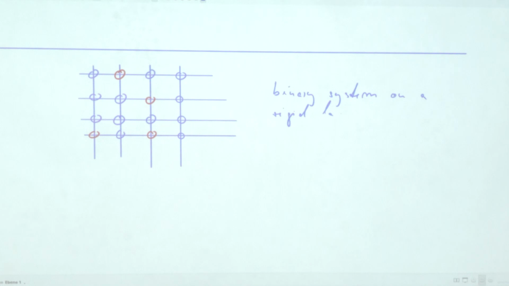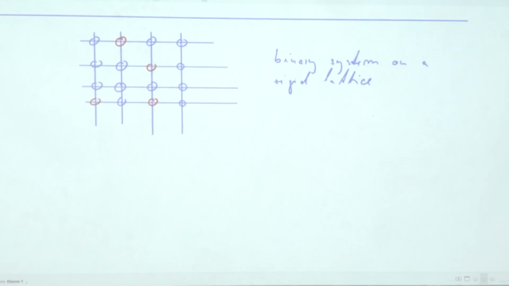This is a typical situation we have in simple Monte Carlo simulations. And we can try to calculate the number of possible states here, the number of configurations.